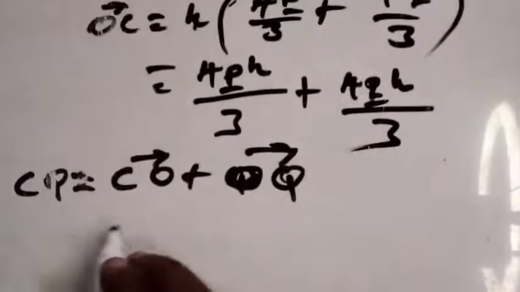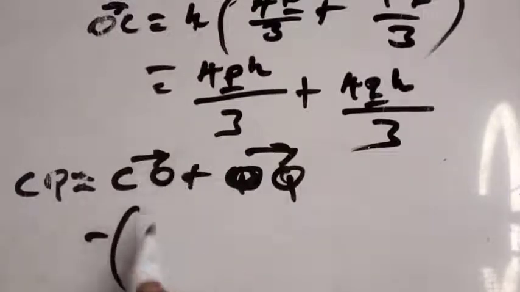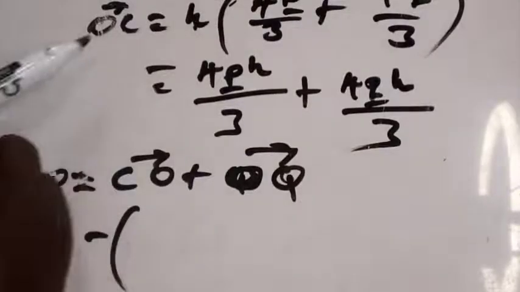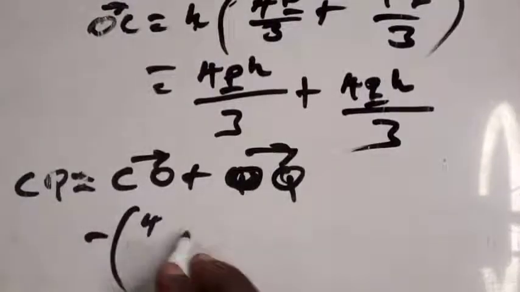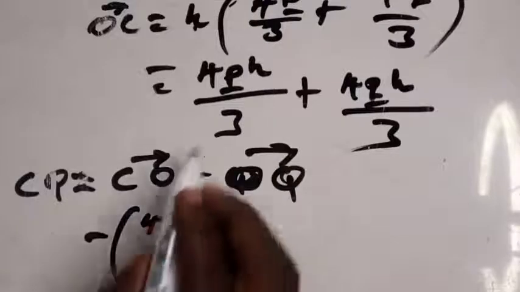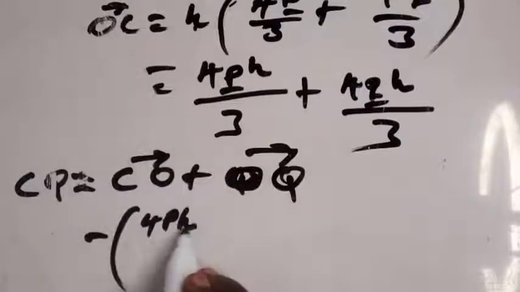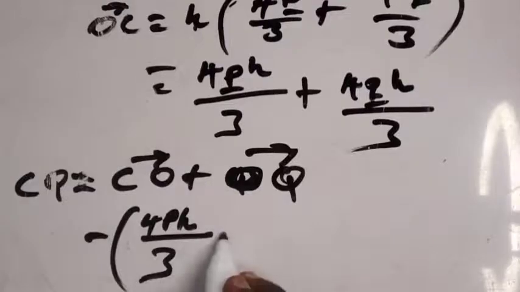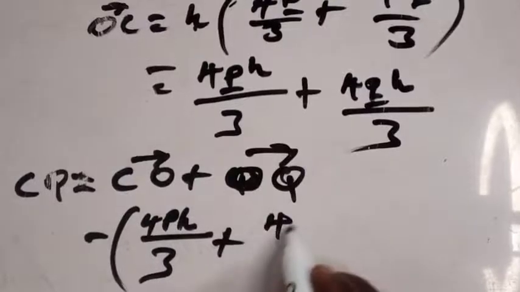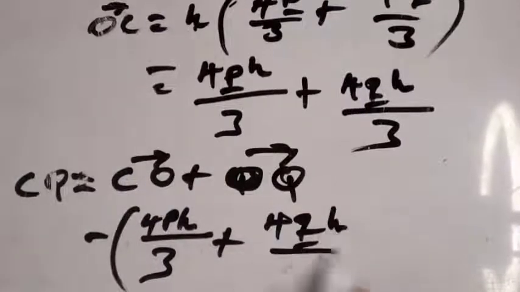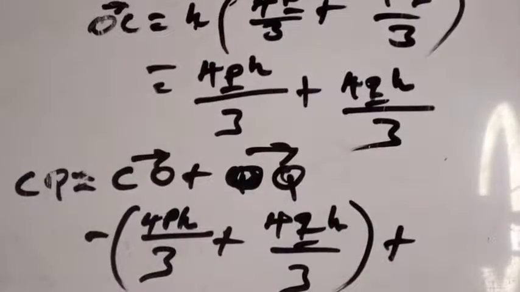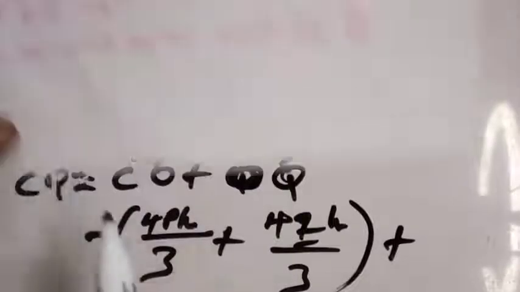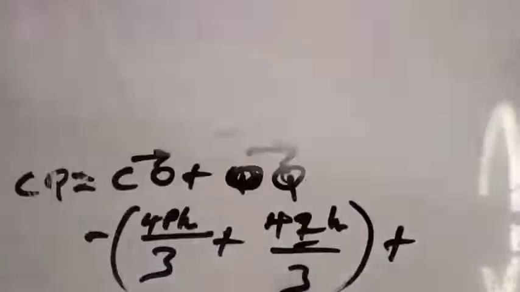So it will be minus, open bracket, where OC is 4ph over 3 plus 4qh over 3, close, plus OQ, which is 4q.